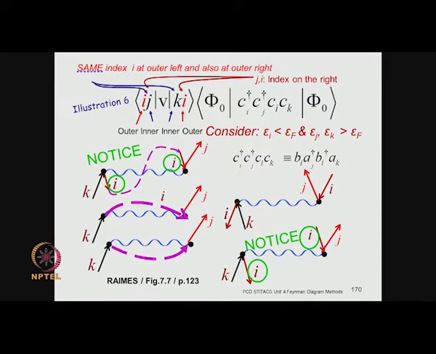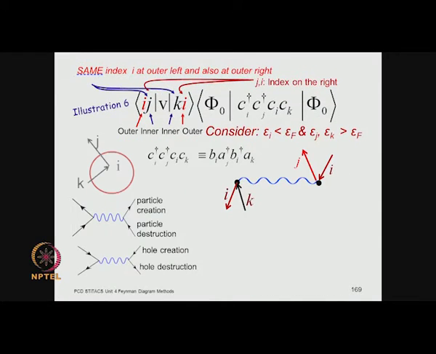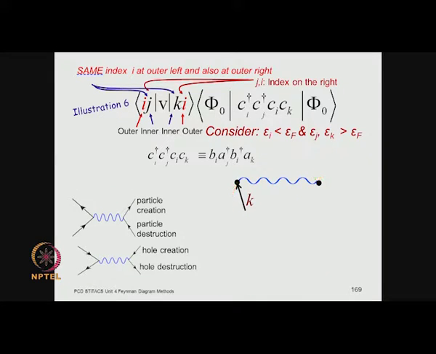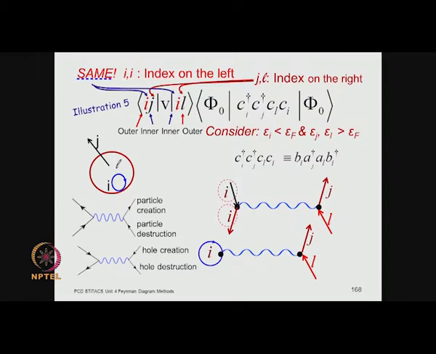So, let me remind you once again what the previous diagram was. That was this one. Here the creation and destruction of the hole was at the same vertex, which is represented by this circle here.